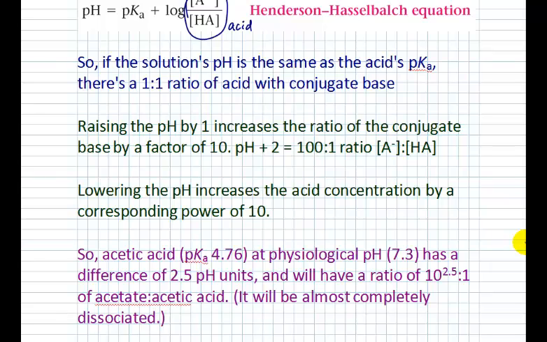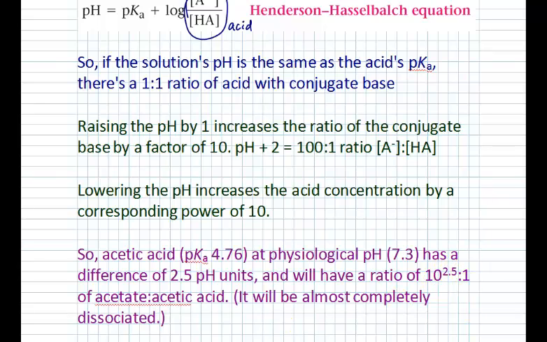So if I have acetic acid, pKa 4.76, and that's in physiological pH 7.3, difference of 2.5 pH units. So our surrounding pH is much more basic than the pKa of the acid itself. So 10 to the power of 2.5, essentially to 1.